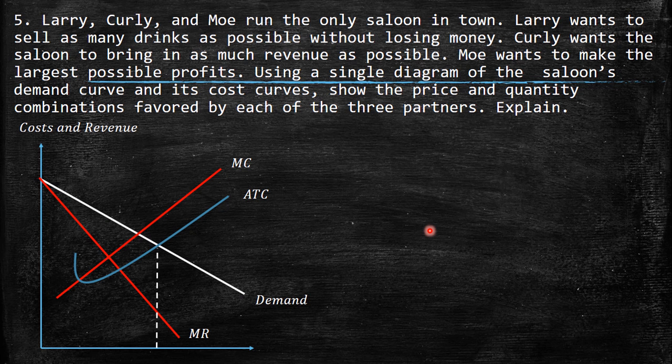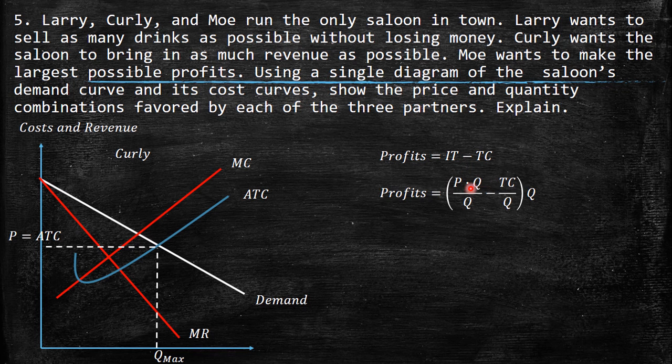Then the first situation is the case of Larry, who wants to sell as many drinks as possible without losing money. So remember, when the price is equal to the average total cost, you won't have any loss of money, and you will sell the maximum quantity. It's going to be this one. Why? Because profit is total revenue, TR, minus total cost.